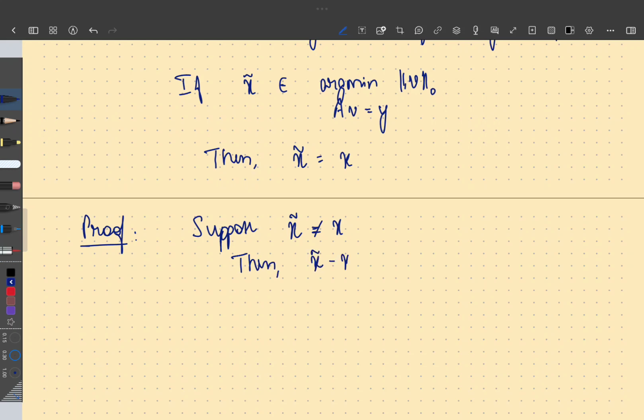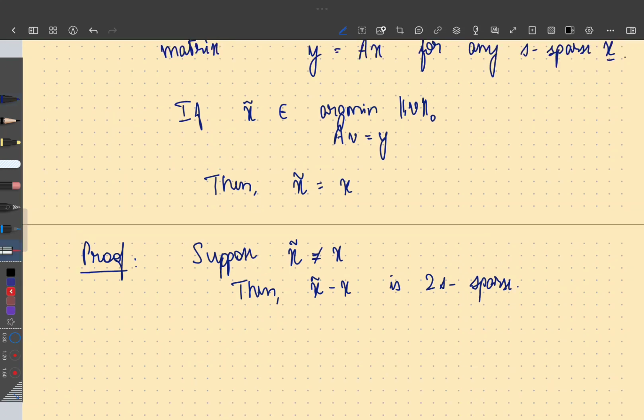Then x tilde minus x is 2s sparse. x has at most s non-zero entries, and since x tilde is obtained by minimizing the L0 norm such that A times v is equal to y, the L0 norm of x tilde can be at most s, could potentially be less than s, but it can't exceed s because there is already a solution to A times v equal to y which is s sparse.